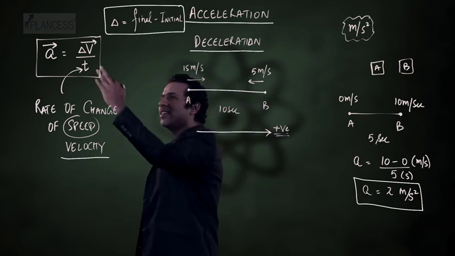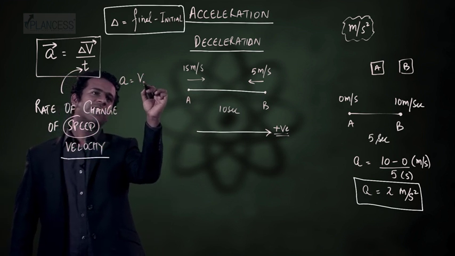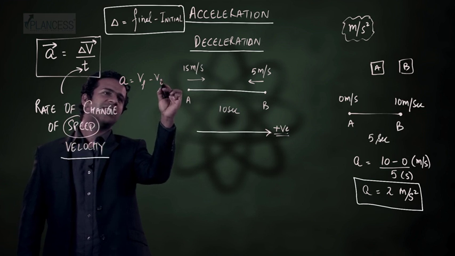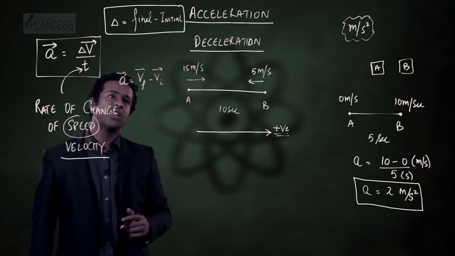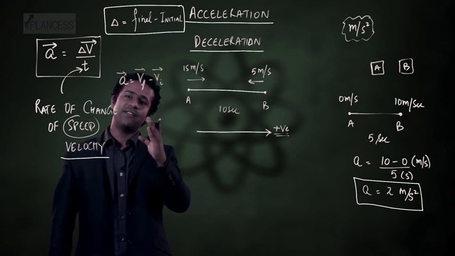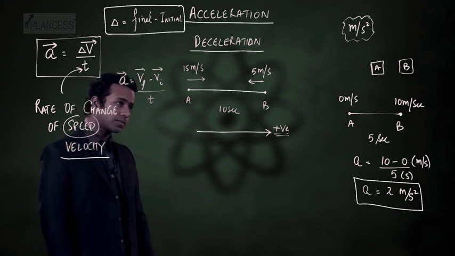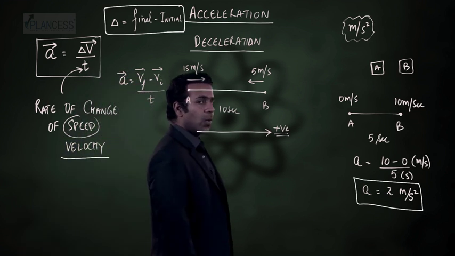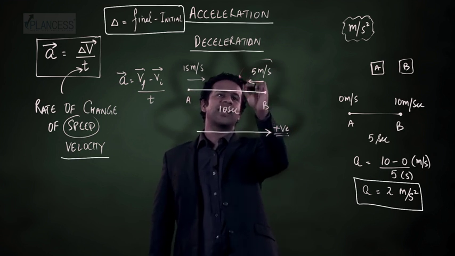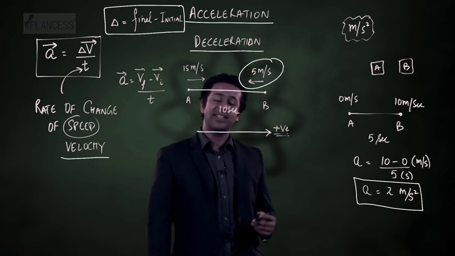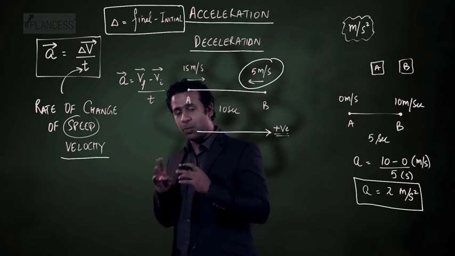So when we write this term, we could say that a is equal to v final minus v initial, and we should use vector signs because they are all vectors. So acceleration is v final minus v initial divided by the time. In this case, what is the final velocity? It is 5 meter per second, but it points in the direction opposite to the direction we are considering as positive.